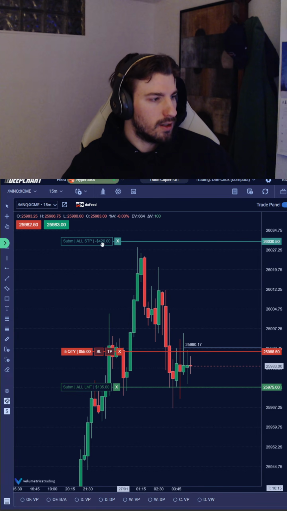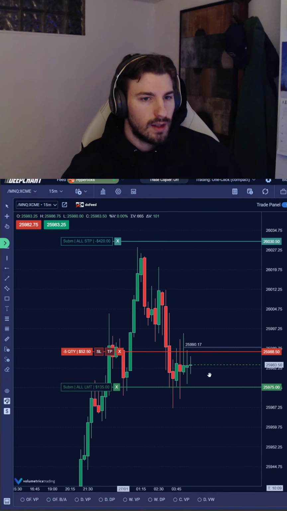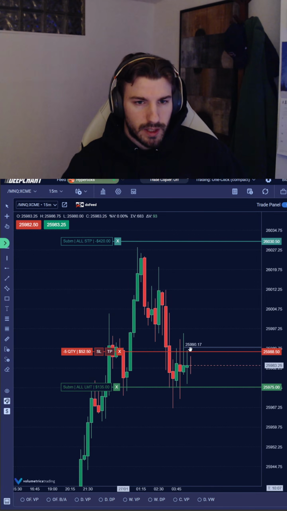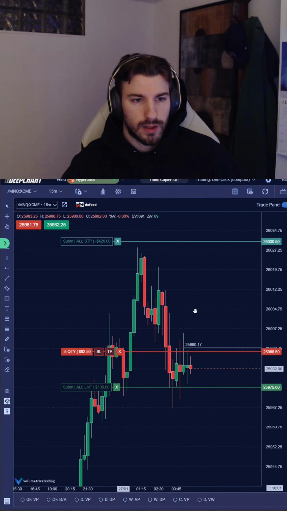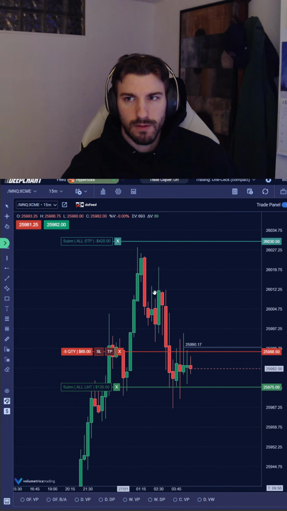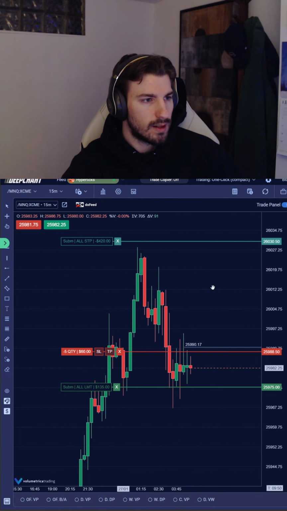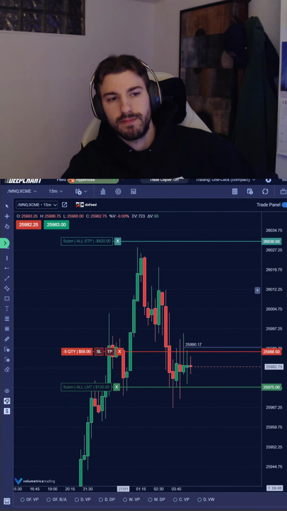And on my live funded accounts, I got a better entry on average here, just a bit above, so I'm risking 400 instead of 500. I'm willing to risk 500 on each account. So if it does come up to this level, what I'm gonna do is just open an extra micro, so we're gonna be at 6 positions on each account. Okay.